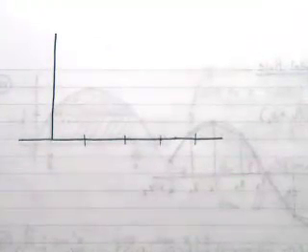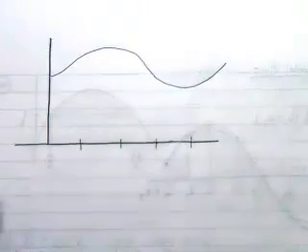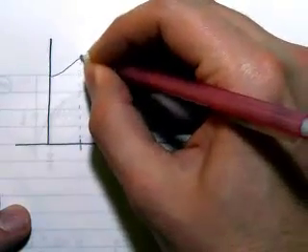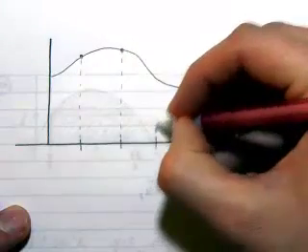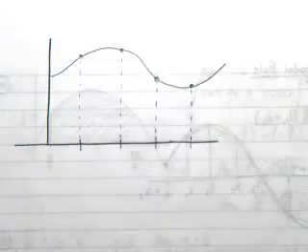Simpson's rule takes some sort of curve, and again it has some sort of consistent interval that's created. Okay, so the height of those.